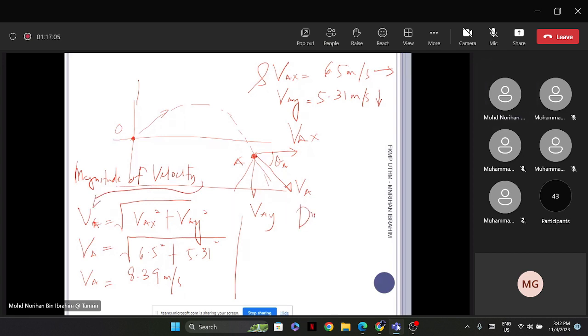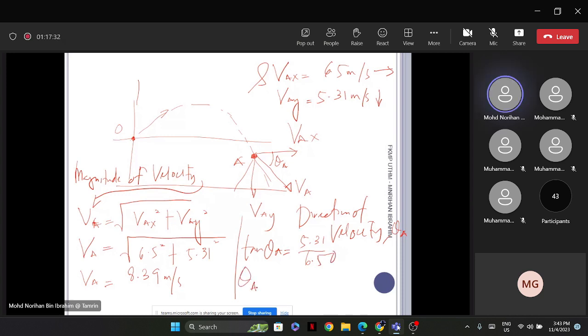Direction of velocity, which is theta A. So tangent theta A is equal to 5.31 divided by 6.50.